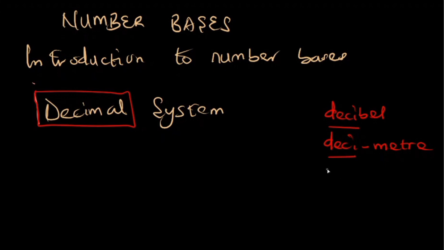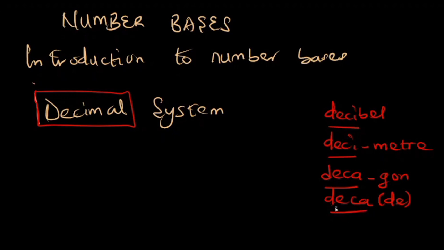Another prefix related to deci is deca, and we see deca in a word like decagon. We also see deca in a word like decade. So these four words have a similarity.